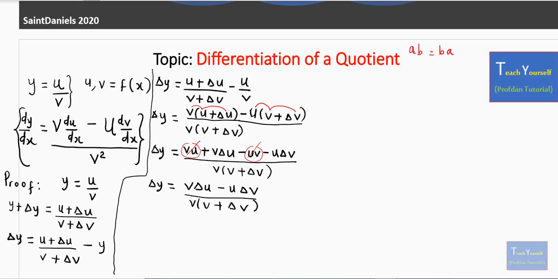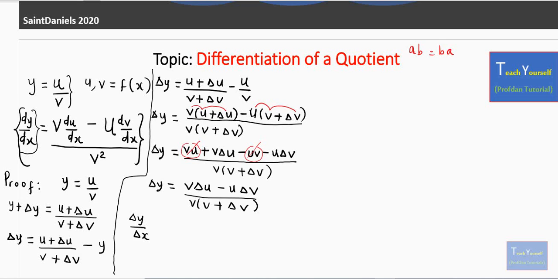And so if you go through our video on the first principle, at this point, having simplified the change in y, the dependent variable, then all we can do here is divide both sides by change in x, because our interest is to get something like dy dx.